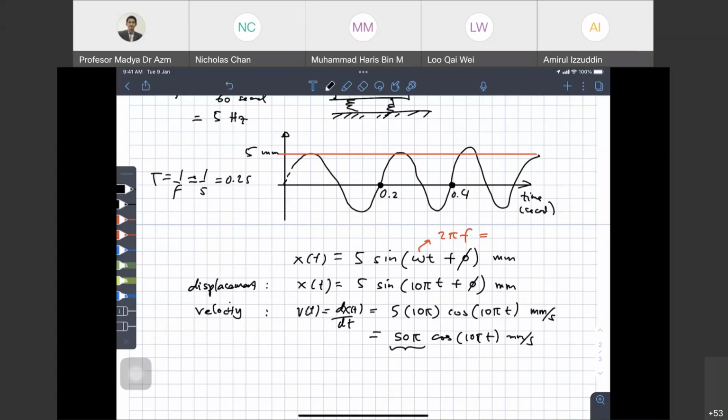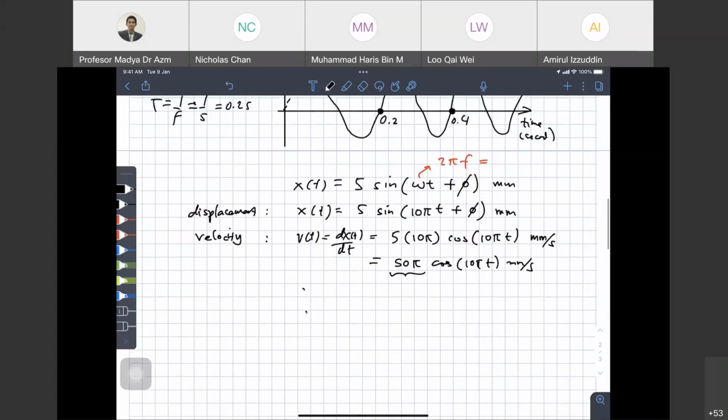Okay, so if you want to know the acceleration, then this one should be dv(t) over dt. So you get the 10 pi out of the equation. So you have 500 pi square sine, this should be minus 10 pi t millimeter per second square.